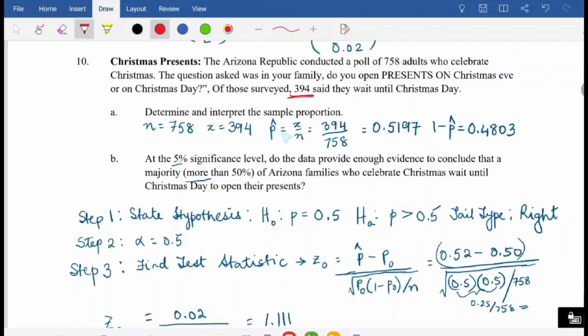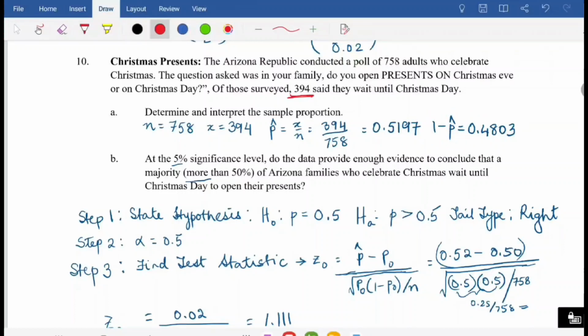So P hat, or the proportion of people who open their presents on Christmas Day, is X over N. Plug in the values correctly, and we get a proportion of 0.5197, and a failure proportion therefore would be 0.4803. Subtract your success proportion from 1 to get the failure proportion.